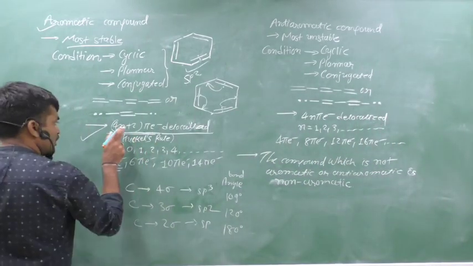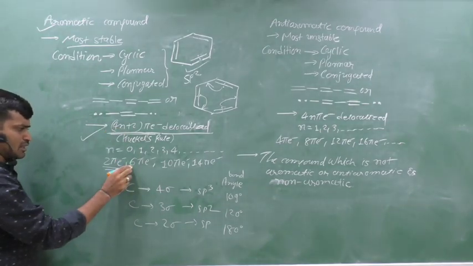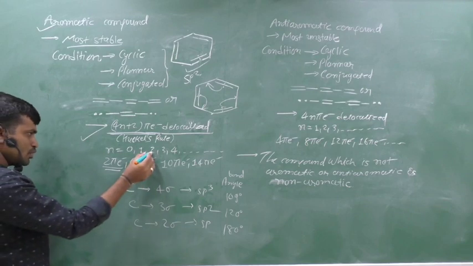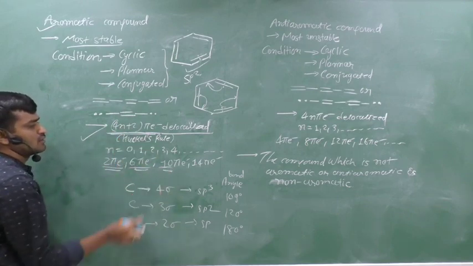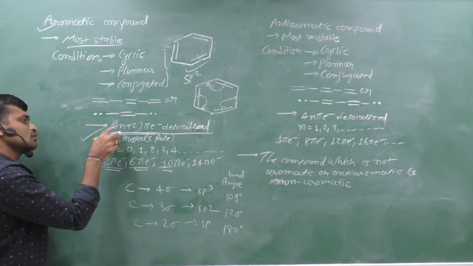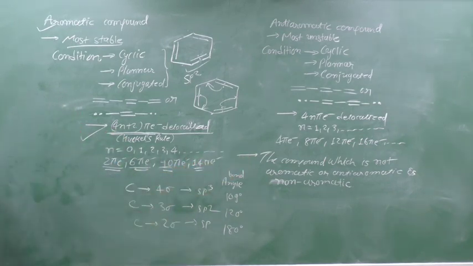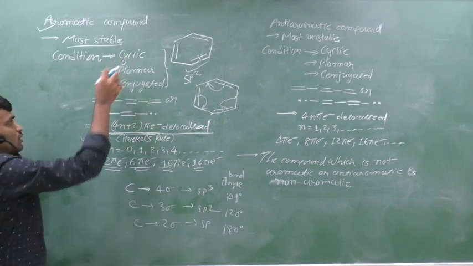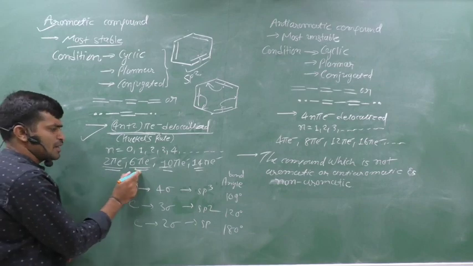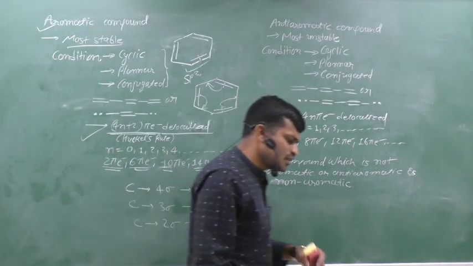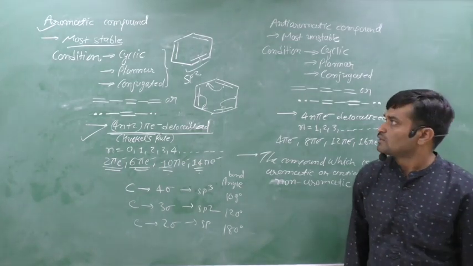If you put 1 as n, 4 times 1 is 4 plus 2 is 6 pi electrons; 2 times 4 is 8, 8 plus 2 is 10; 3 times 4 is 12 plus 2 is 14, up to n. If any compound is cyclic, planar, conjugated and has 2, 6, 10, 14, 18 pi delocalized electrons, then you can say this compound is aromatic.